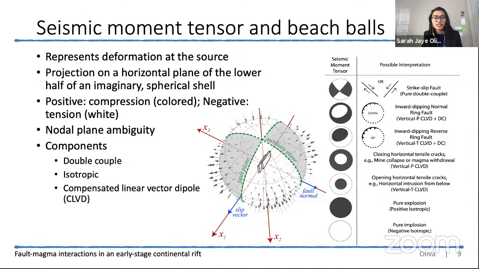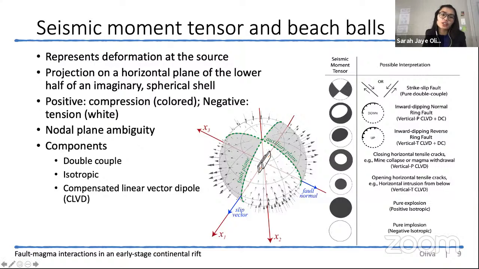And then the CLVD is a little bit more complicated for some people to grasp, but compensated linear vector dipole just means deformation along one axis. If you have extension along this axis, it's compensated orthogonal to it by compression, such that there is no volume change. These can be associated with opening and closing tensile cracks.